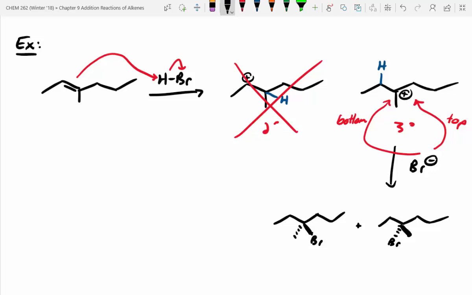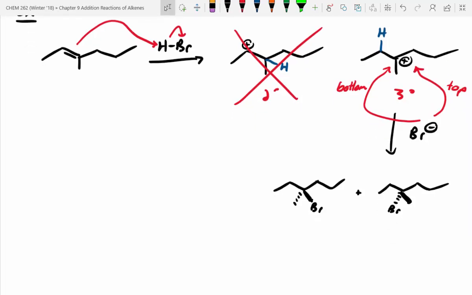What's the relationship between our two potential products here? They're enantiomers, right? We've got mirror images of one another. Does anybody remember what we call a 50-50 mixture of enantiomers?